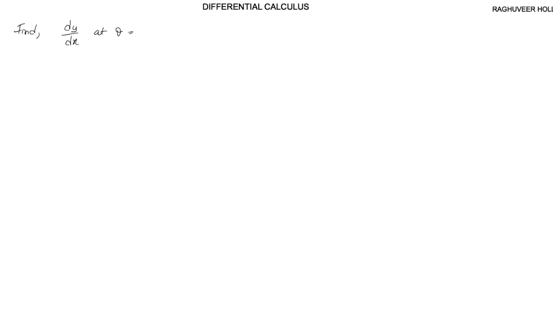Find dy by dx at theta as pi by 3 for the function x is a(theta minus sin theta) and y is a(1 minus cos theta).